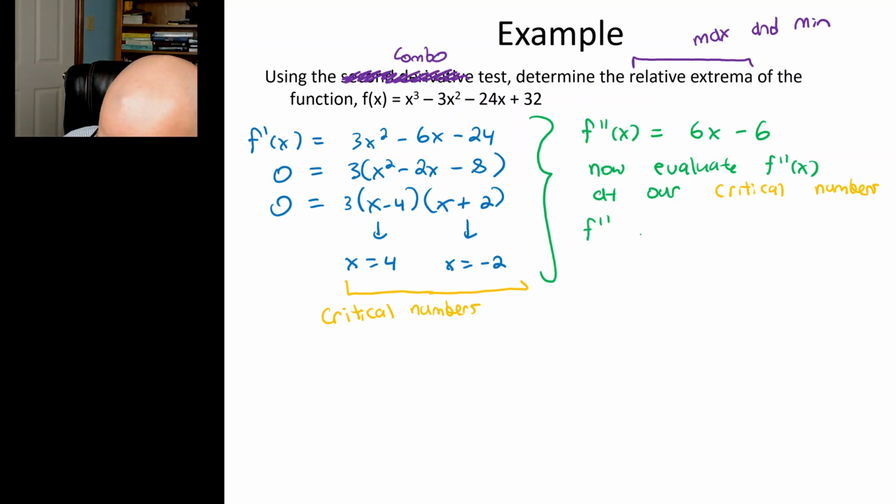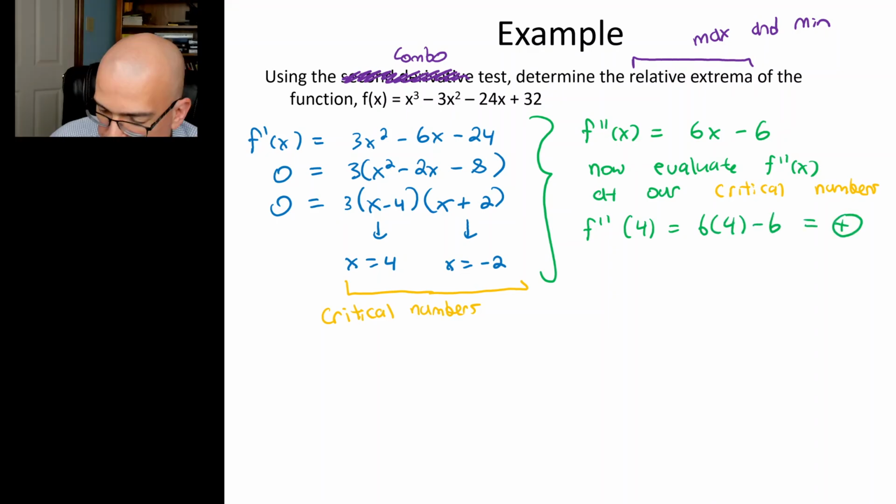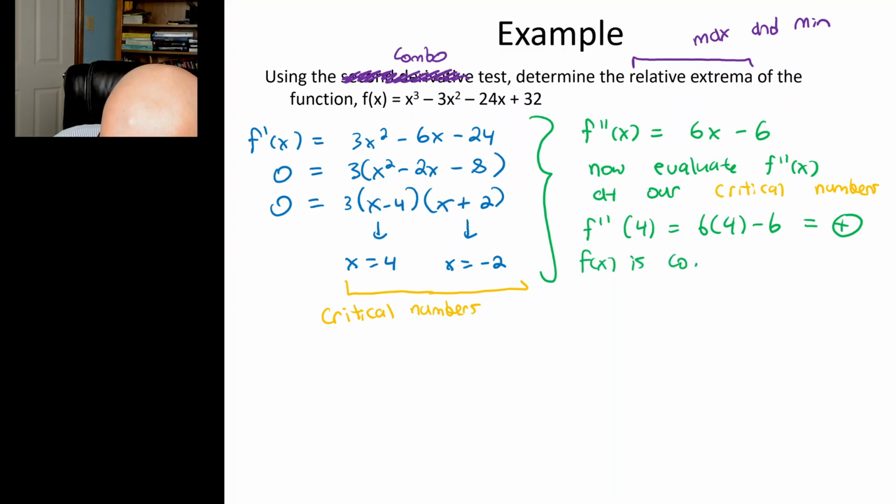So f double prime at 4, we have 6 times 4 minus 6, which is positive. So f of x is concave up at x equals 4.